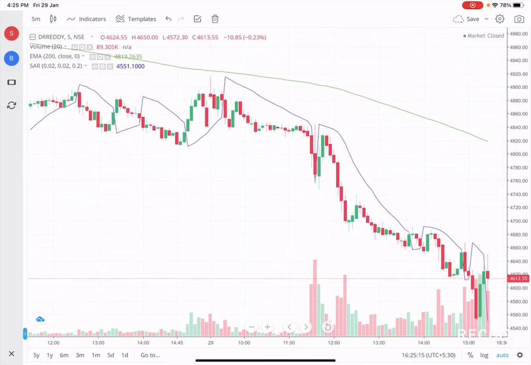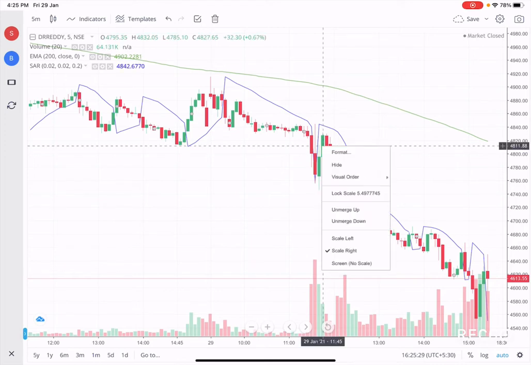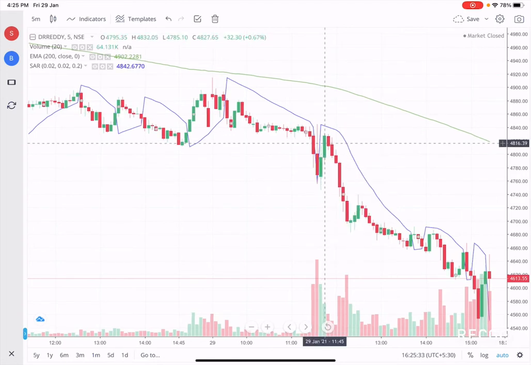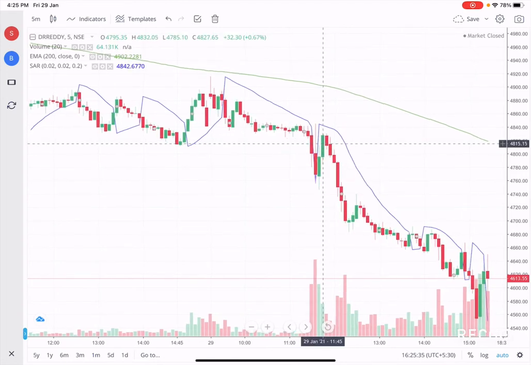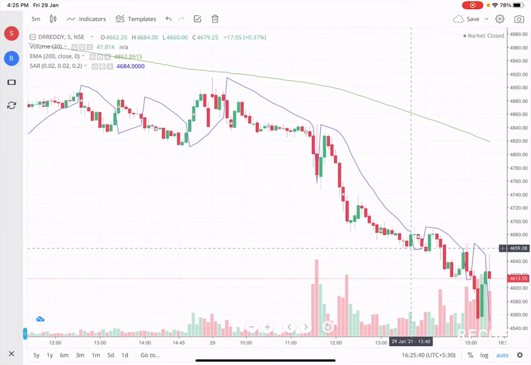Then we hit the stop loss, or we also call it trailing stop loss. The next trade came around 11:45, after 15 minutes; our second trade came. The opening price of the 11:45 candle is 4795, and it lasted till 13:40, that is 1:40 p.m. The close of that candle is 4680.